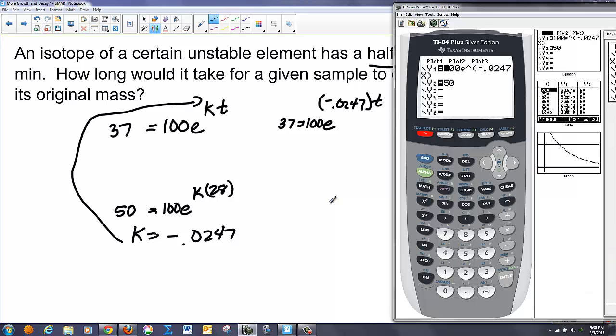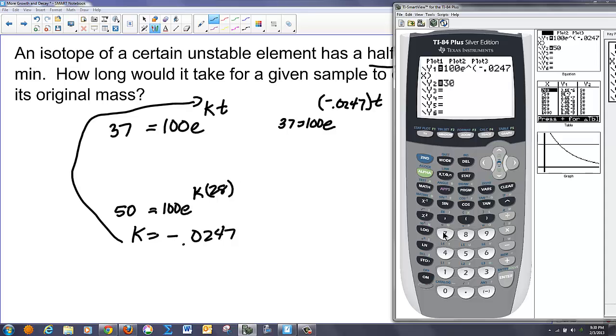So once again, here's our calculator. We've got the function on the left, 100e to the negative 0.0247x, and then I've put 50 on the right. Actually, we want to put 37 because that's what it's going to intersect.